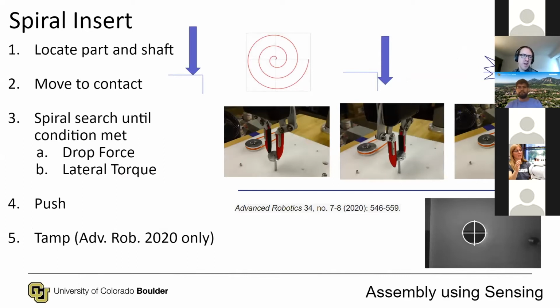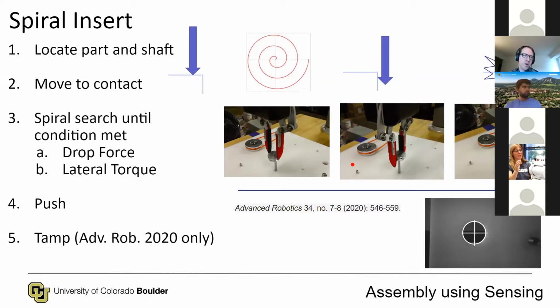The wheel is grasped and moved above the shaft, moved down to contact, and then spiraled out in a slow outward spiral motion. Meanwhile, we're monitoring the wrist forces and torques for one of two stop conditions, which is a spike in lateral torque or a decrease in reaction force against the wrist, indicating an insertion. Next, we do a force-limited push, and finally, we do a tamp operation to relieve the wheel from binding.